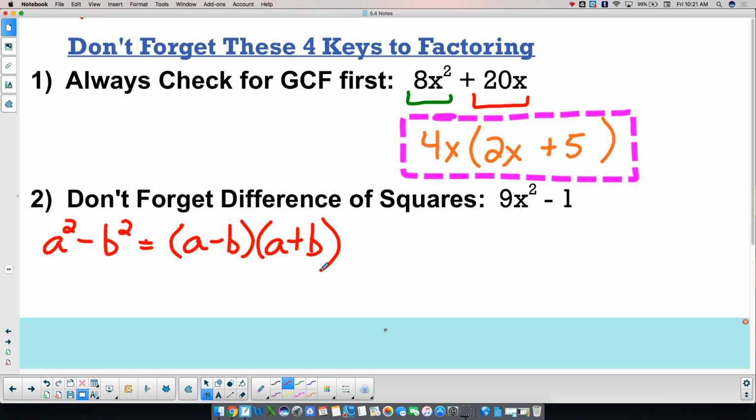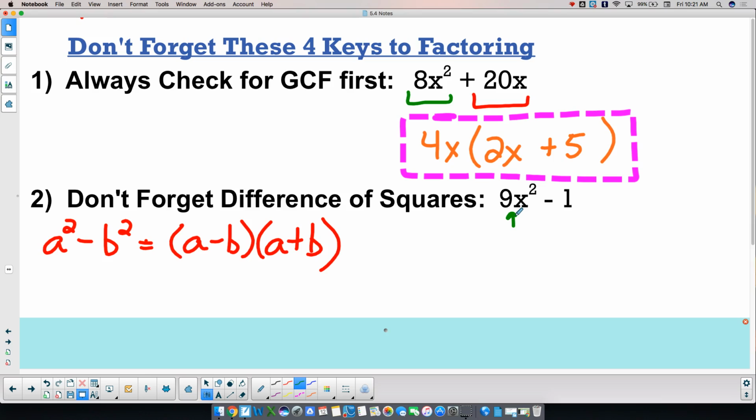So, first step, always check for a GCF. So I'm looking at 9x squared minus 1. Any GCFs there? No, no GCFs there. Okay? So then I look to see if it's a difference of perfect squares. So I look here at that term.